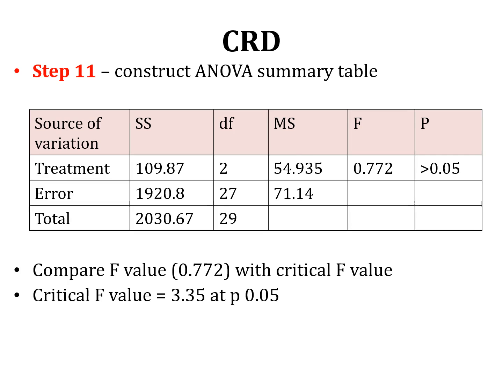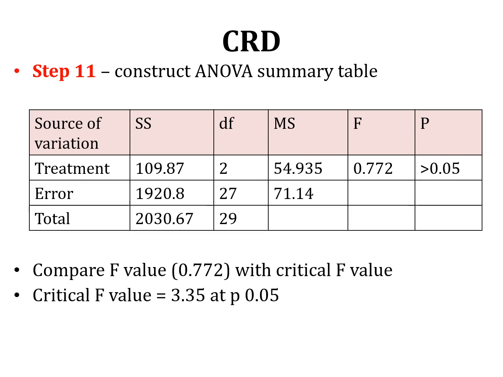Then we have MS, which is our variance, and this is 54.935 for treatments and 71.14 for error. And then we have the F value, which is the treatment variance divided by the error variance, and this is 0.772, and this is non-significant at probability of 0.05.